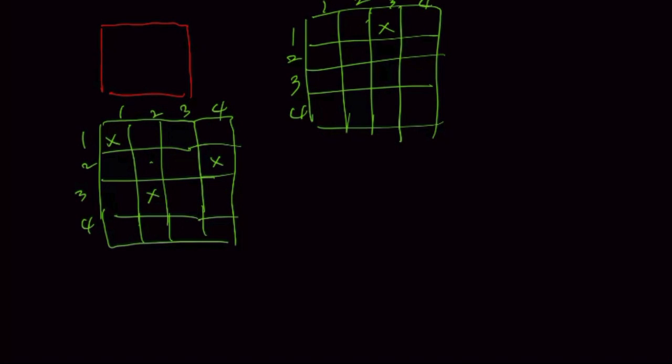Let's look at row 2. Where to put? 2, 1. Okay. 4, 2. Wait, 3, 4. So that's one solution. Another solution is to rotate this by 90 degrees. Good.